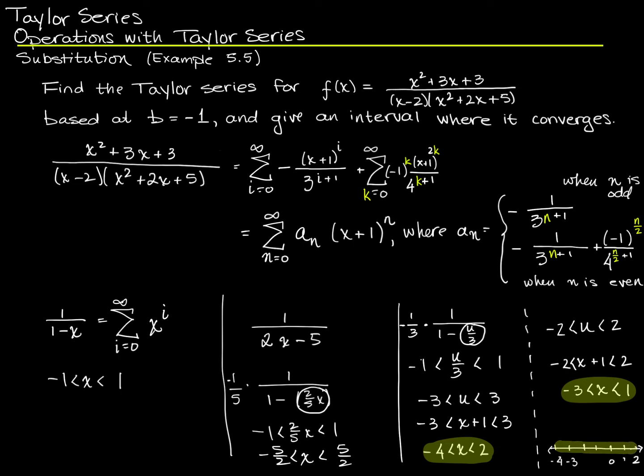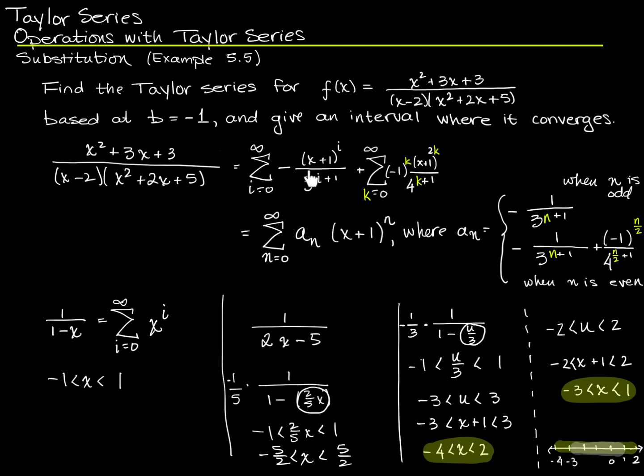And the other term's interval of convergence is between -3 and 1. So it goes from -3 up to 1. Since we need the same interval of convergence for this single sum that we've written, the interval of convergence has to apply to both terms.